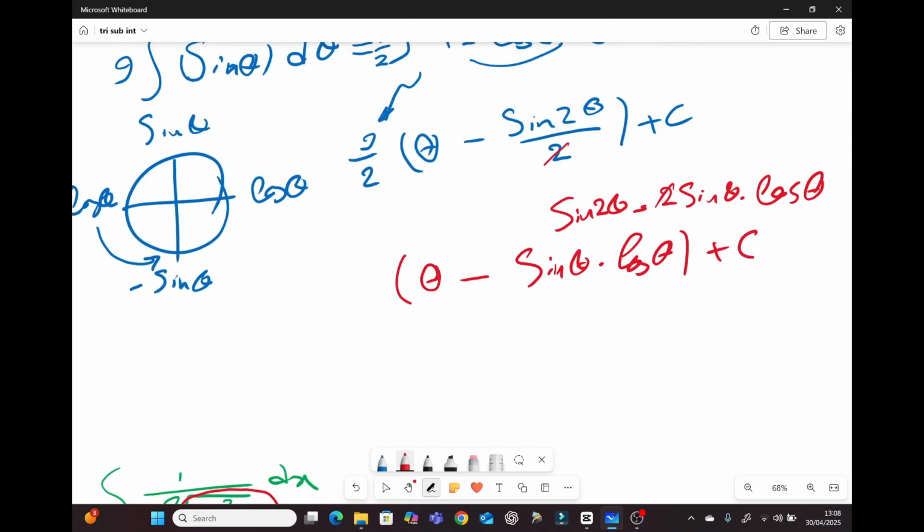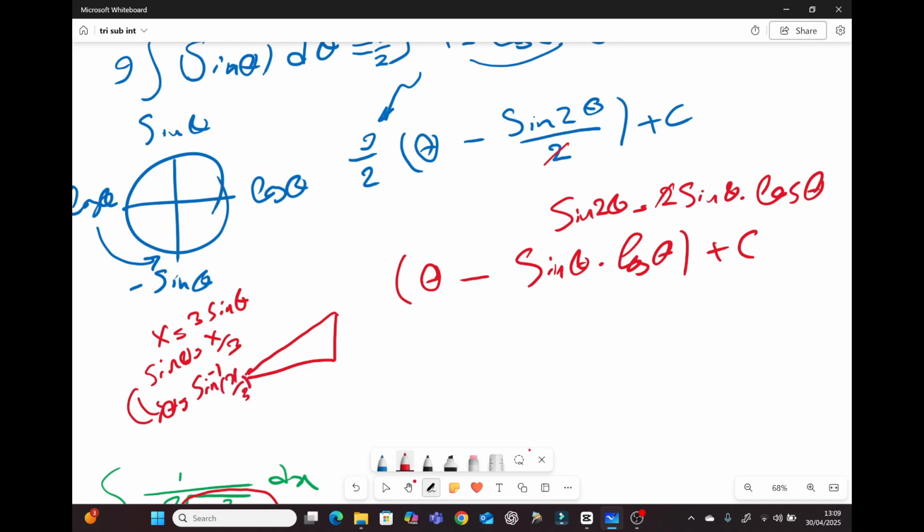But here, to calculate sine and cosine exactly, I supposed x equals 3 sine theta. Therefore sine theta is x over 3. If I take the inverse of both sides, theta equals sine inverse of x over 3. If you consider this right angle as theta with respect to sine, the opposite is x and the hypotenuse is 3.